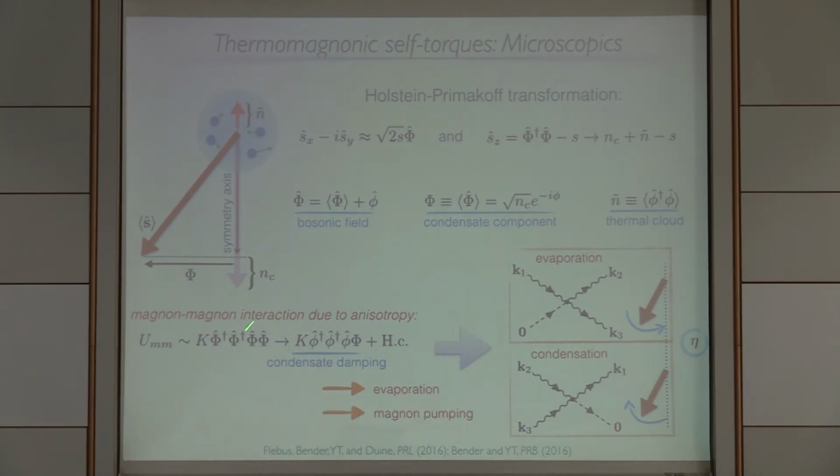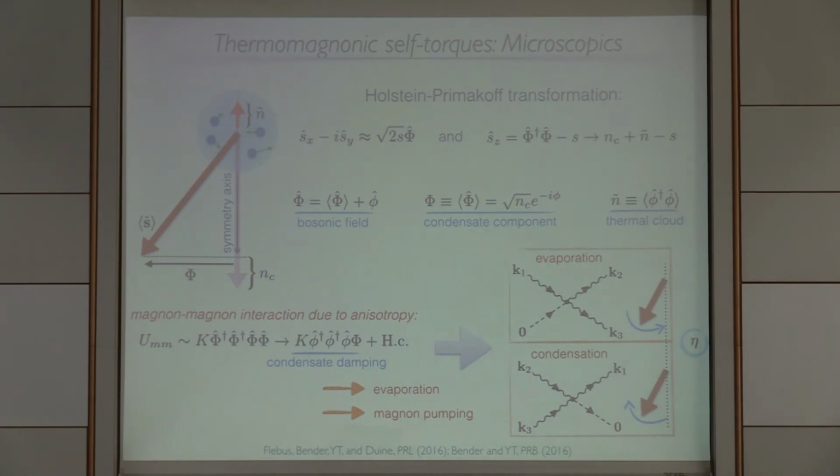Substituting this decomposition into the magnon-magnon interaction, and expanding it out in terms of the coherent and incoherent pieces, we get these types of processes which are responsible for evaporation of the condensate into the thermal cloud, or the reciprocal process of condensation of the thermal cloud if that cloud is oversaturated.